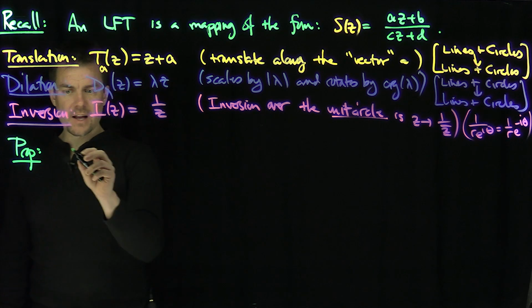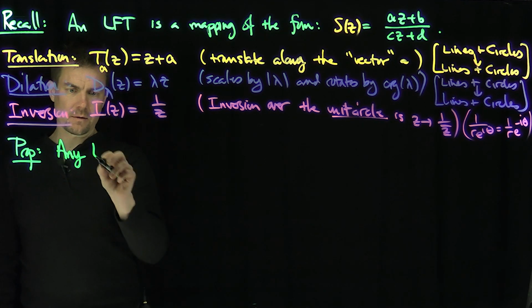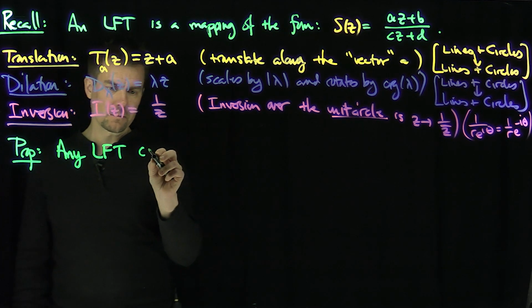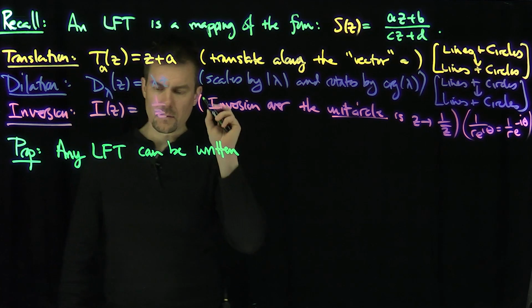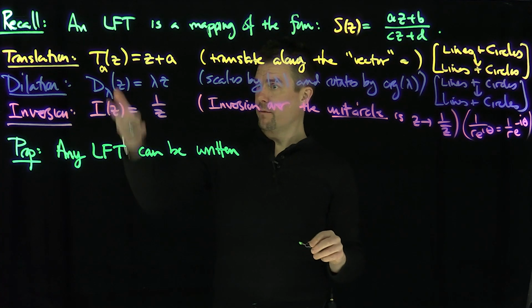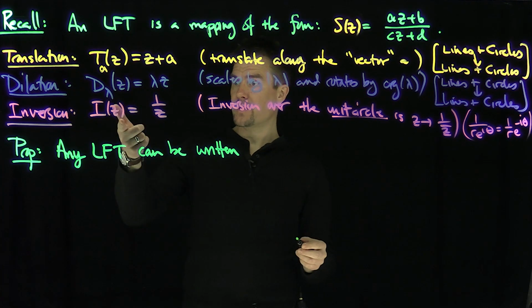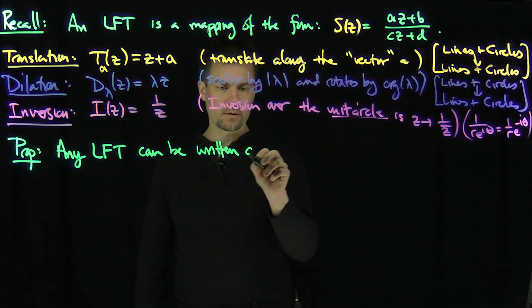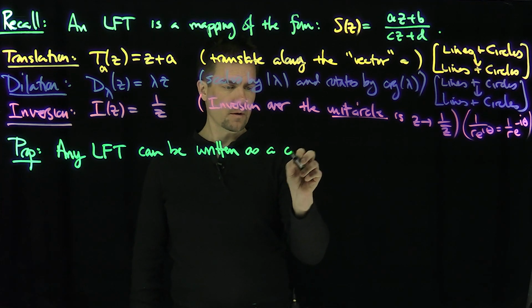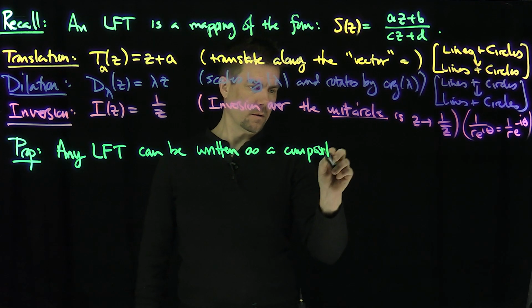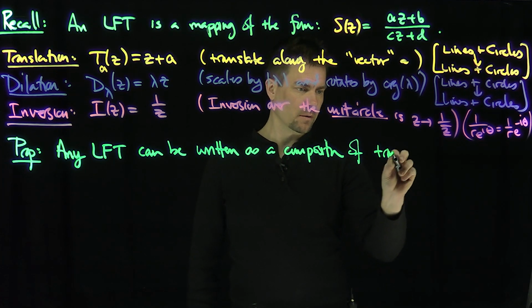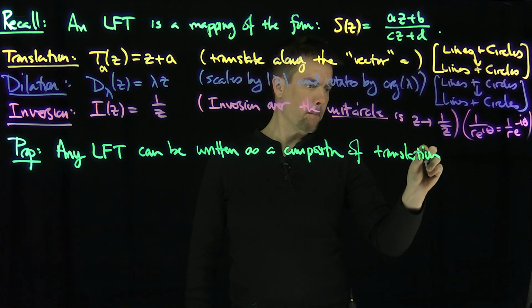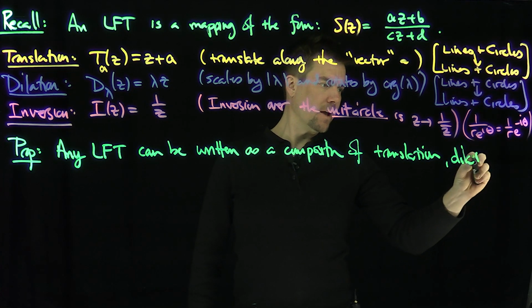The proposition is that any LFT can be written as a composition of these, and all 3 of these things are LFTs, right? As a composition of these 3 mappings: translation, dilation, and inversion.